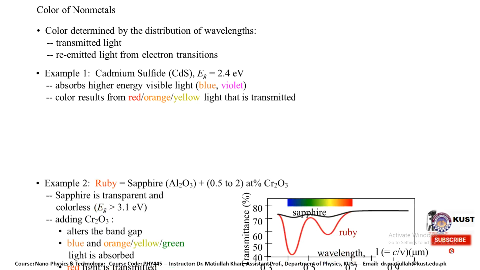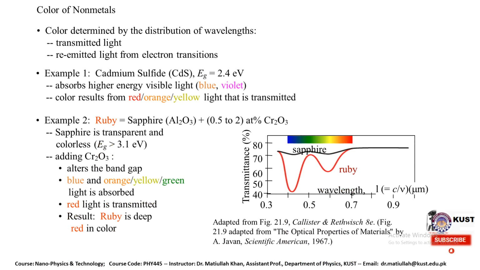Just like in the case of cadmium sulfide, CdS, whose band gap is equal to 2.4 electron volt, it absorbs light higher in energy than visible light, especially the blue and violet, and the red, orange and yellow light is transmitted.